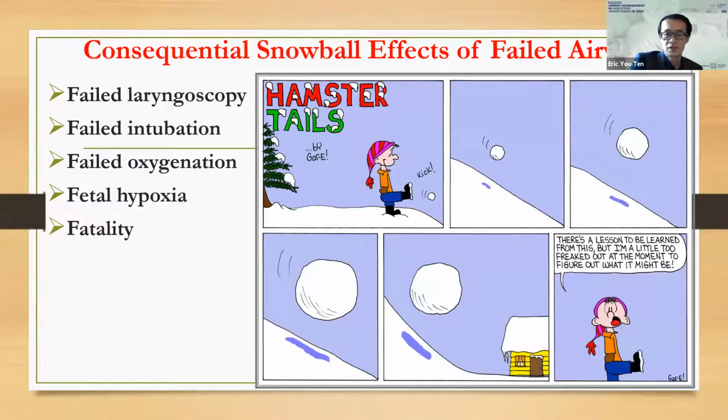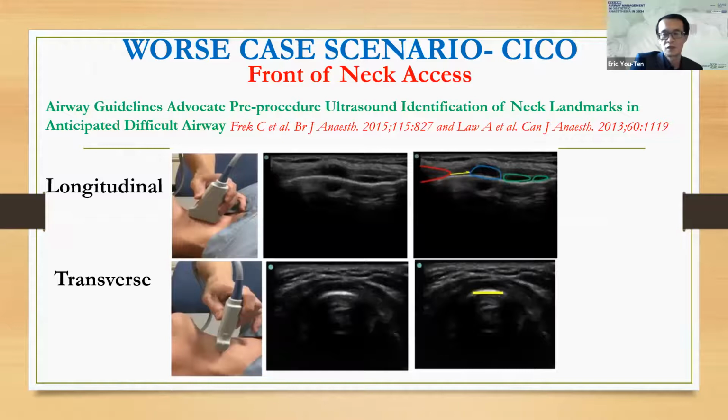So based on that, when faced with an airway that is potentially difficult and challenging, I think one of the first things perhaps is a change in mentality in approaching these patients: what is the worst case scenario that we're going to face as anesthesiologists when faced with these kinds of patients?